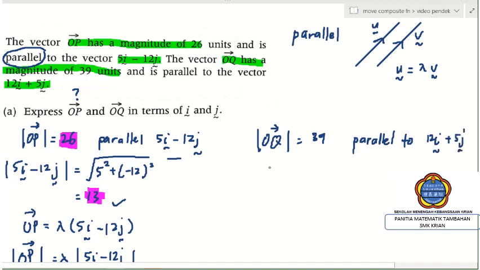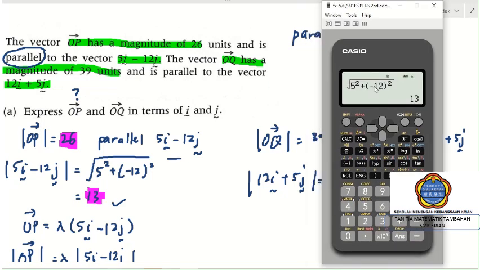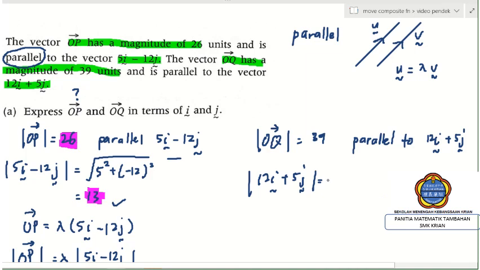Get the magnitude of 12i plus 5j. Still we get the same answer actually, because we just change the negative 12 to positive 12. The answer will also be 13.